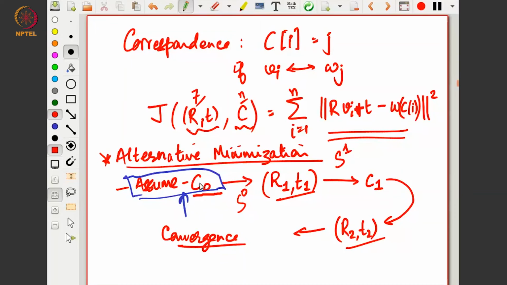So when you compute C0, it will give you one corresponding point for every point in the head mesh. So you should consider only those points from the entire cat mesh which have a correspondence to the head mesh. Okay?